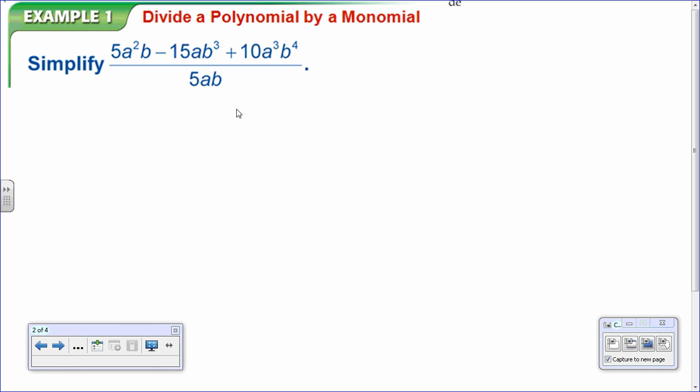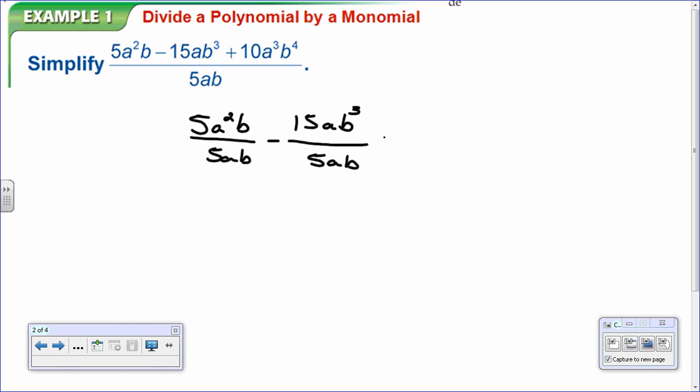So what I'm going to do is I've got 5a squared b over 5ab, move that to the bottom, then minus 15 a b to the third, just bring this over, put it over 5ab again, then plus 10 a to the third b to the fourth over 5ab.